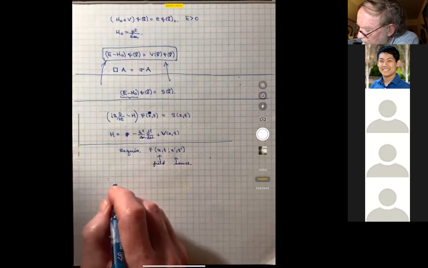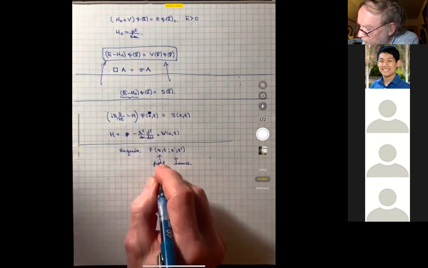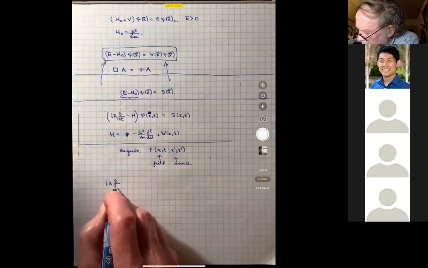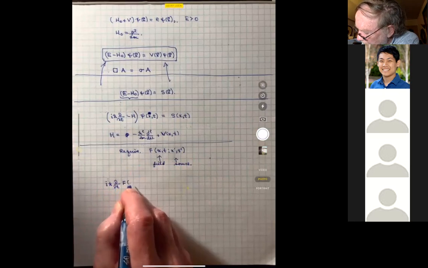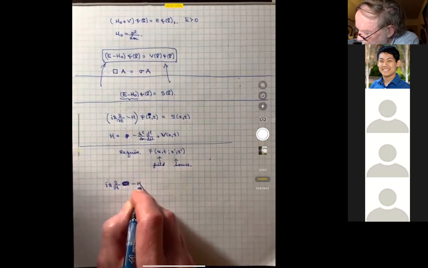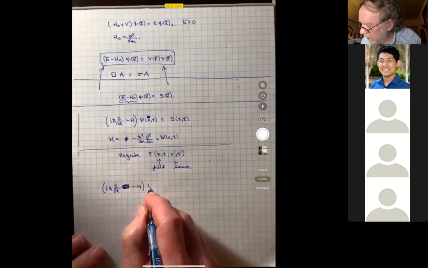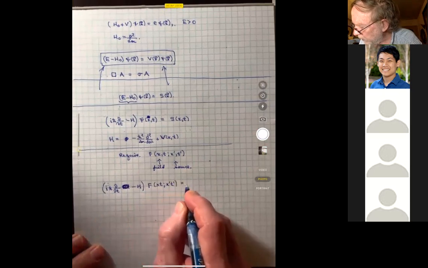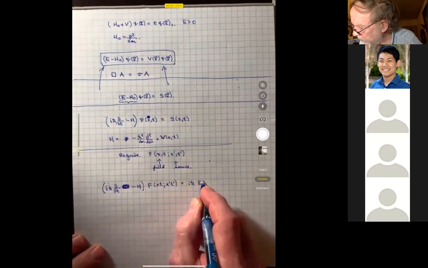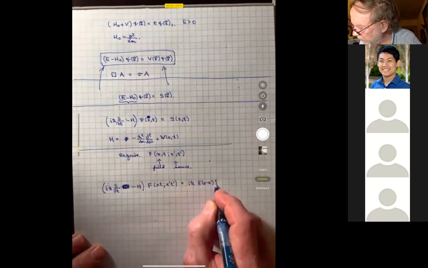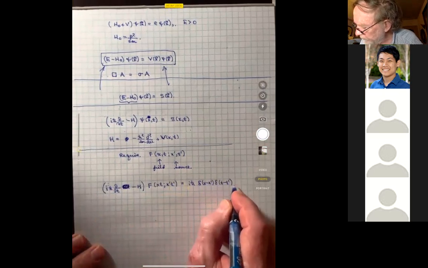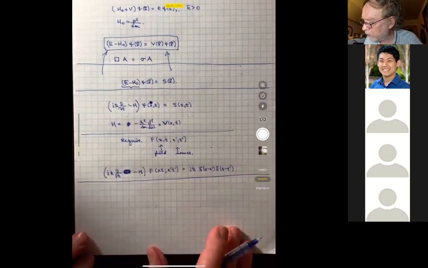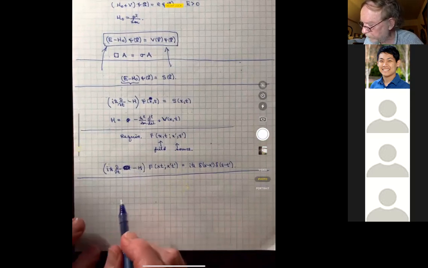And f is required, in order to qualify as a Green's function, to satisfy the equation: iħ partial with respect to t minus the Hamiltonian, acting on f at x t and x prime t prime, shall be equal to iħ times delta(x minus x prime) times delta(t minus t prime). We will call any function that satisfies this equation a Green's function for the time-dependent Schrodinger equation.